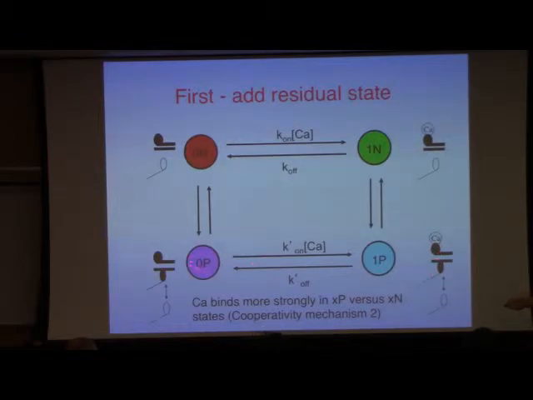You would also have this state over here, where cross bridges may still be bound or cycling even though the calcium has disappeared. You need this for thermodynamic consistency. Again, in the microscopic world there's microscopic reversibility, so things that run forward should also run in reverse.